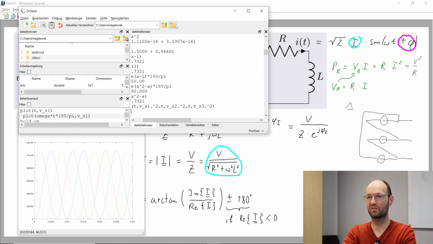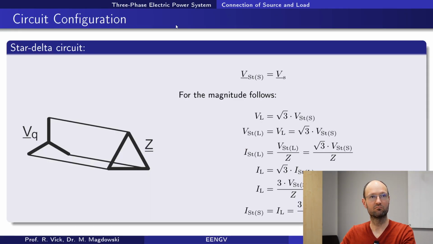If you square some sinusoidal function, you get another sinusoidal function. And so now if we take the sum of these 3 powers, so the power in the first phase, the power that we have here plus the power that we have here plus the power that we have there.